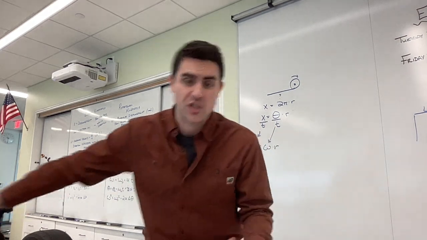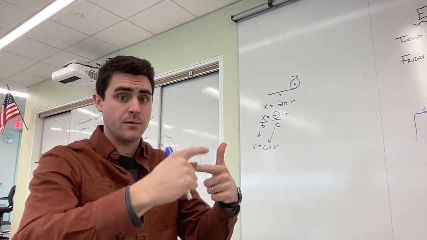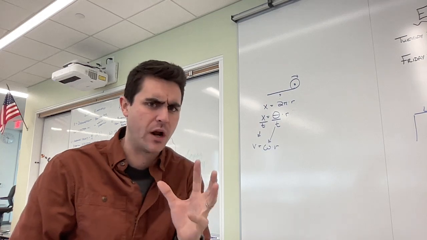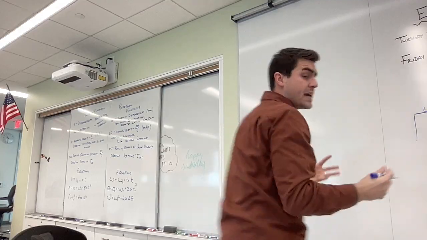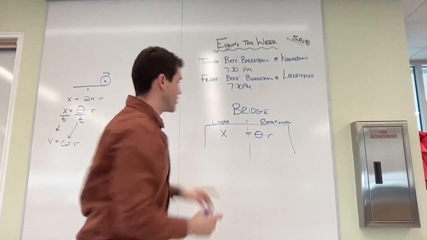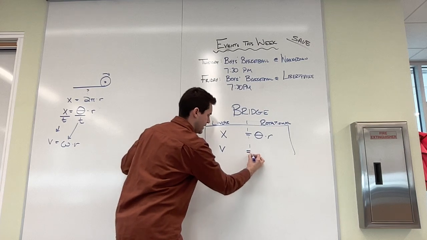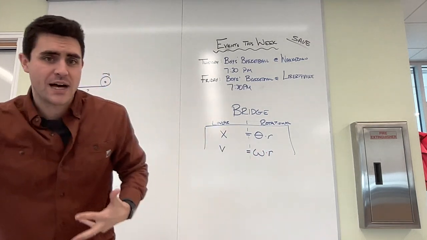My second equation: if I know how fast something is moving, either angularly or linearly, and those motions are happening because of one another, the rolling is causing the linear motion, then I have a second bridge equation. I can use the speed of an object linearly to relate to its angular velocity.